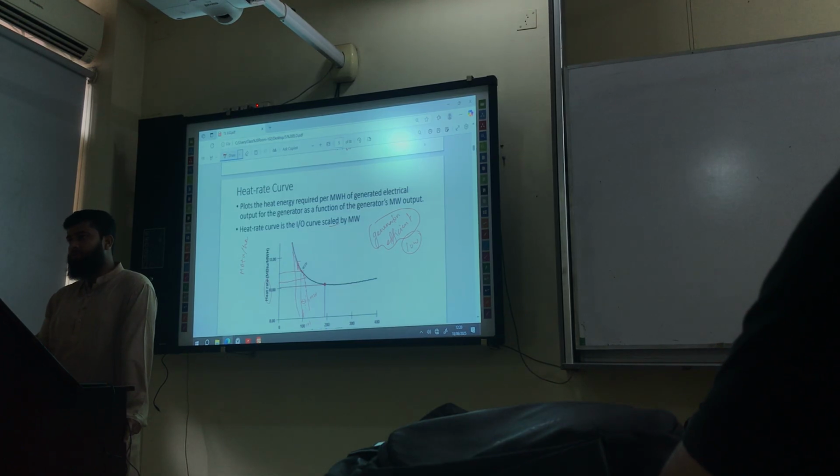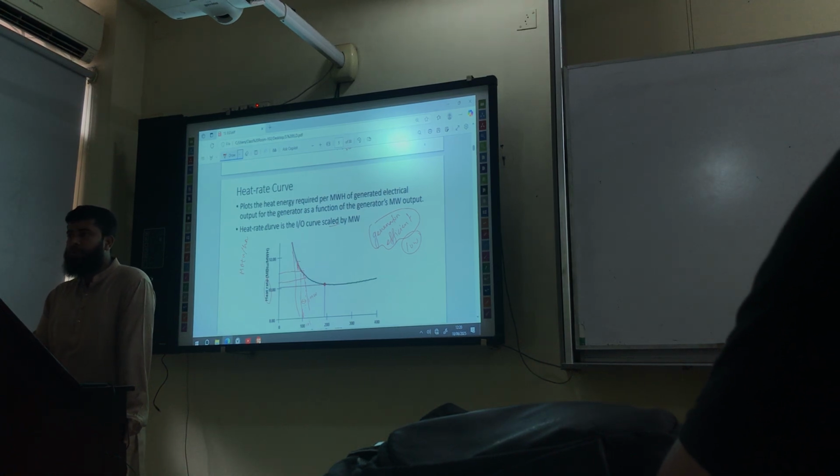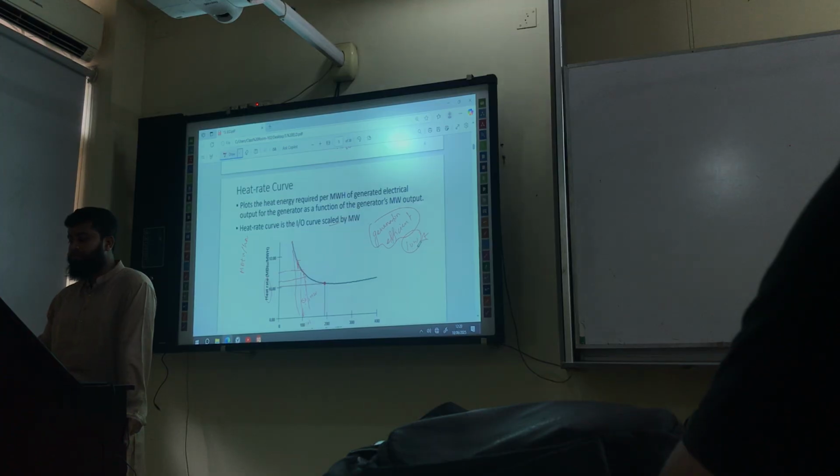That means to produce additional 1 megawatt power in the first few cycles, the required heat rate is higher, because the efficiency is low for the first few stages.